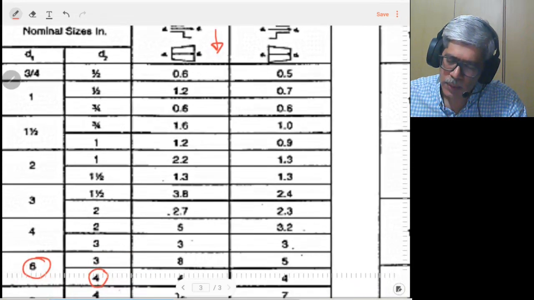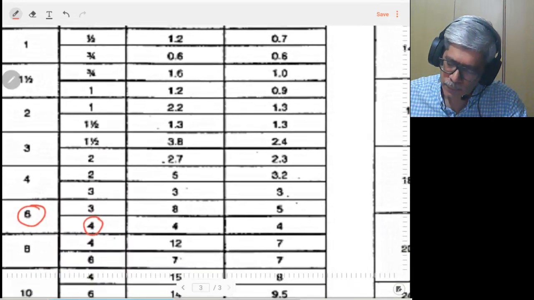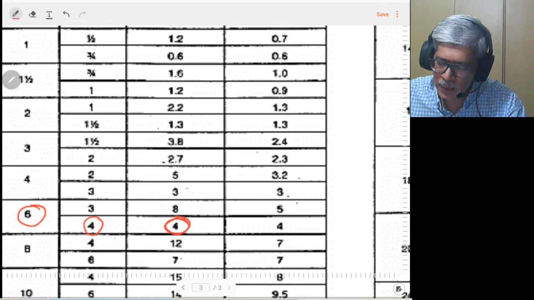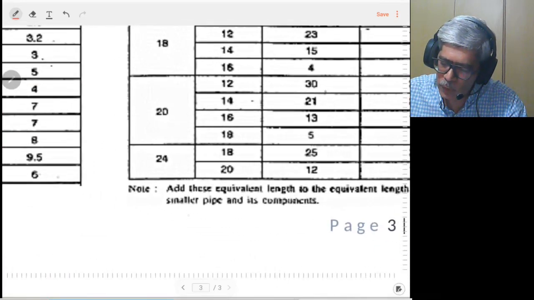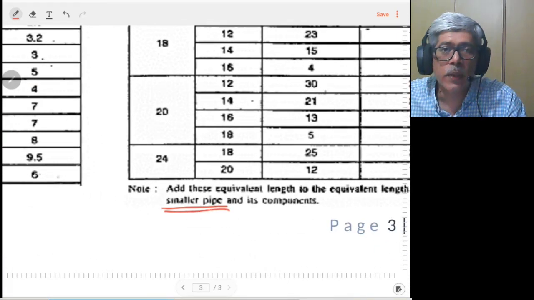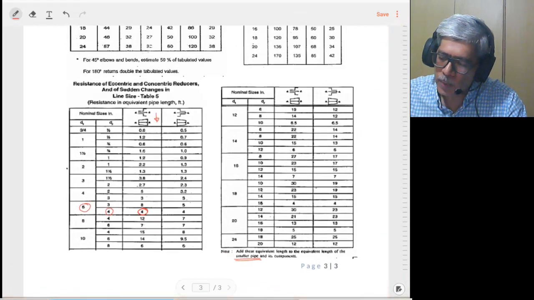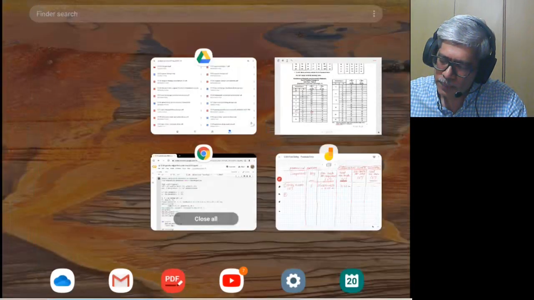So our length will become 4 feet. From 4-inch to 6-inch, the equivalent length is 4 feet. And as we have seen in the footnote, this corresponds to the equivalent length of the smaller pipe. That is, this corresponds to 4 feet of 4-inch pipeline. So we'll go back to our calculation.